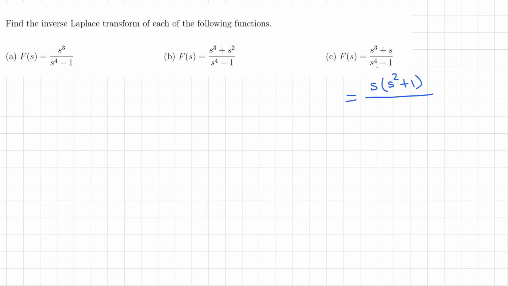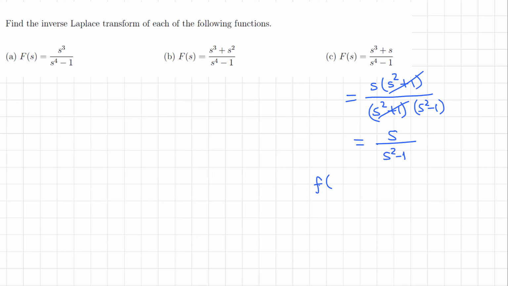Then using the difference of two squares formula, the bottom can be factored as s squared plus 1 times s squared minus 1. Then these two cancel, so this simplifies to s over s squared minus 1. That's the F of s.